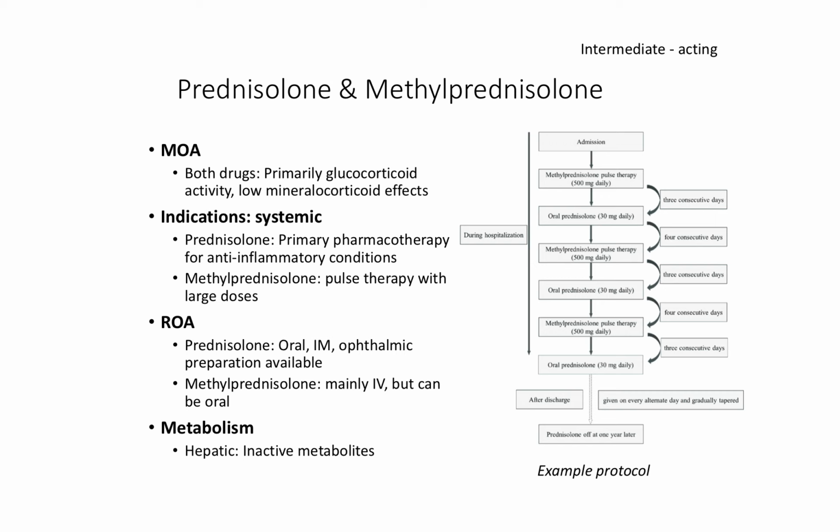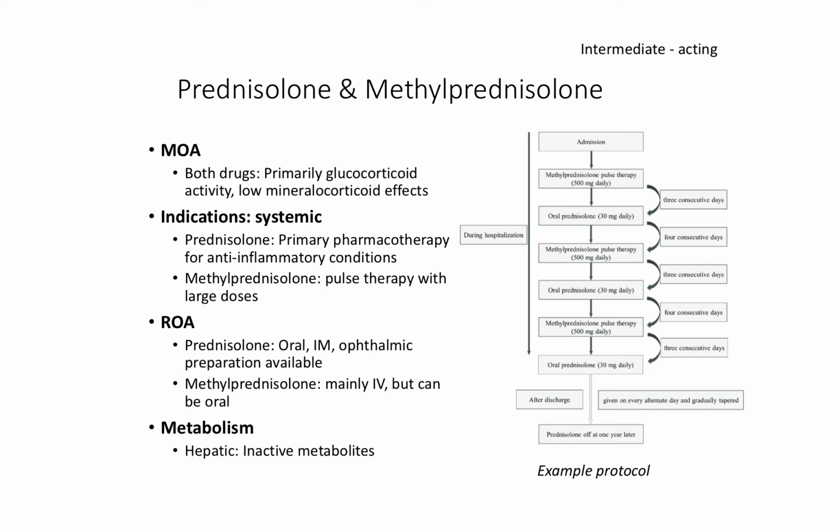All right, moving along, we're back to our glucocorticoid medications with some minimal mineralocorticoid effects. Prednisolone and methylprednisolone are two intermediate acting medications with some minor mineralocorticoid receptor binding. So they don't have zero sodium retaining effects. They do have some.